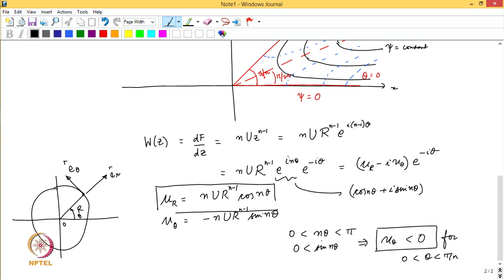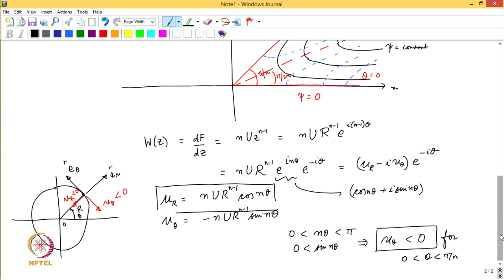So, the important thing to note here is that u theta would be negative if it is pointing in this direction. We could say this is less than 0, and if you have a component pointing inwards, then clearly u r must be less than 0. So, we will use this fact now.